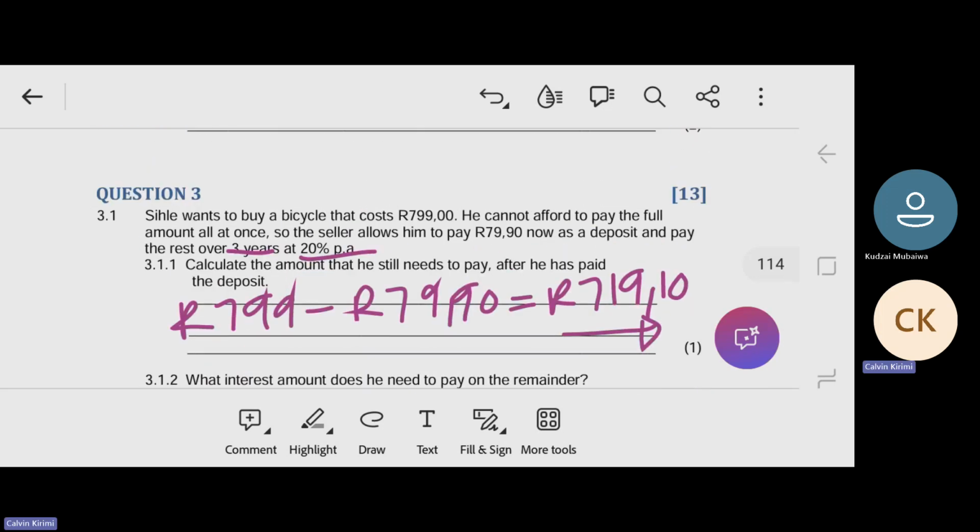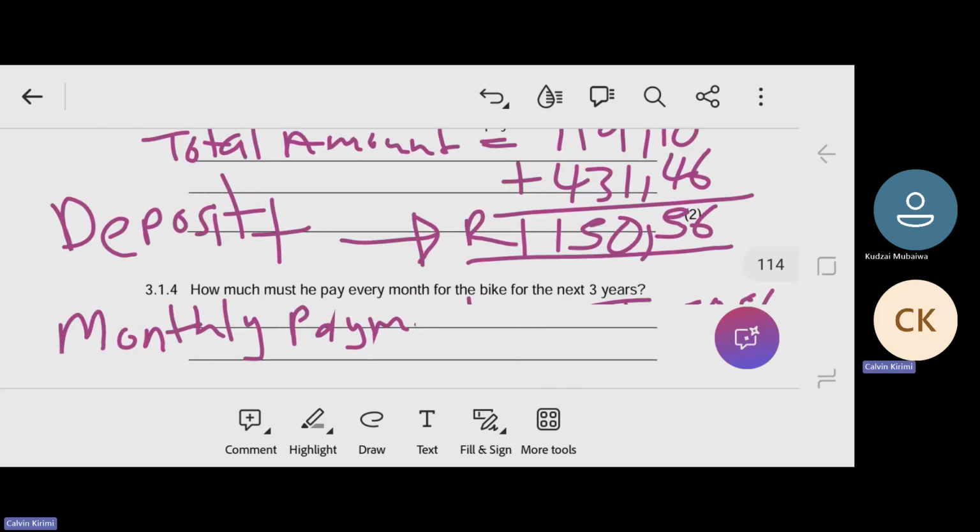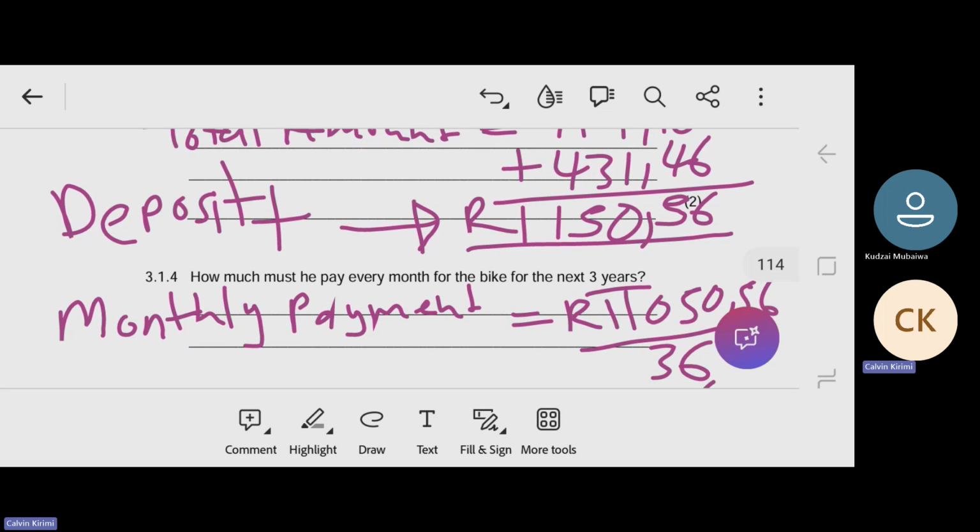So the deposit was 79 rand 90 cents. After 79 rand 90 cents, you also paid this amount after 3 years.